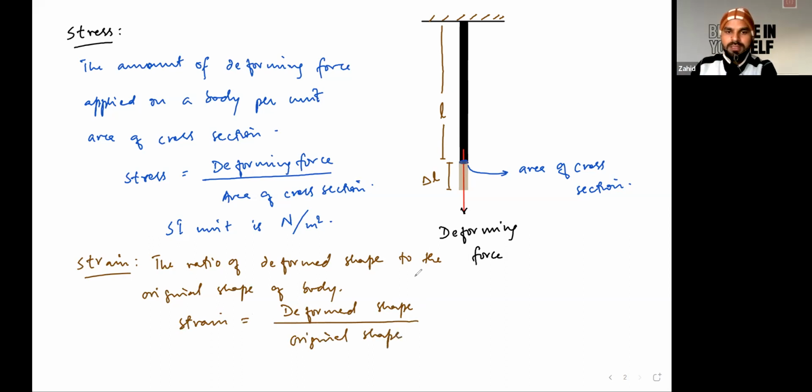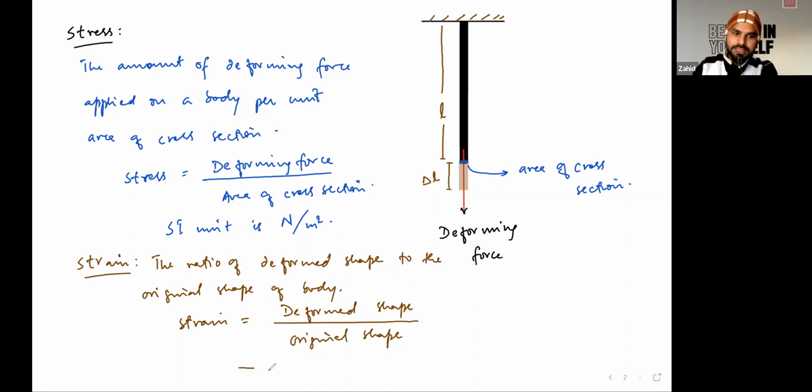As you see, the deformation is delta L, which must be measured in terms of length, so its SI unit will be meter. And original length is also L, which is also a measurement of length. So its SI unit will be meter. So both numerator and denominator have the same unit. So taking the ratio of these two terms will give you a unitless quantity.